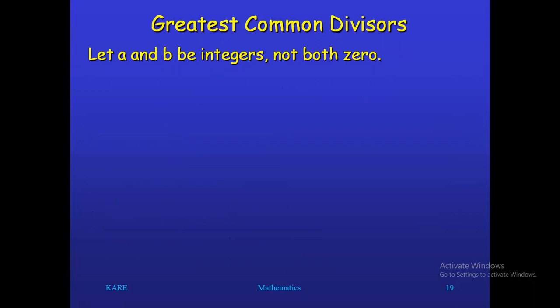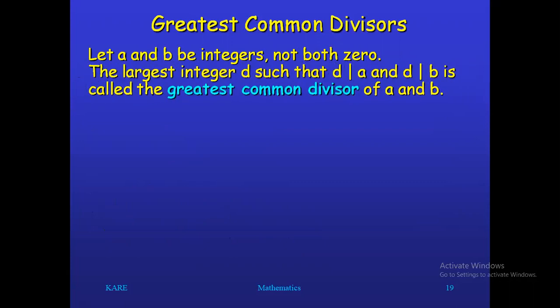Greatest common divisor, that is GCD. Let a and b be two integers, not both zero. Any one can be 0. The largest integer d such that d divides a and d divides b is called the greatest common divisor of a and b.